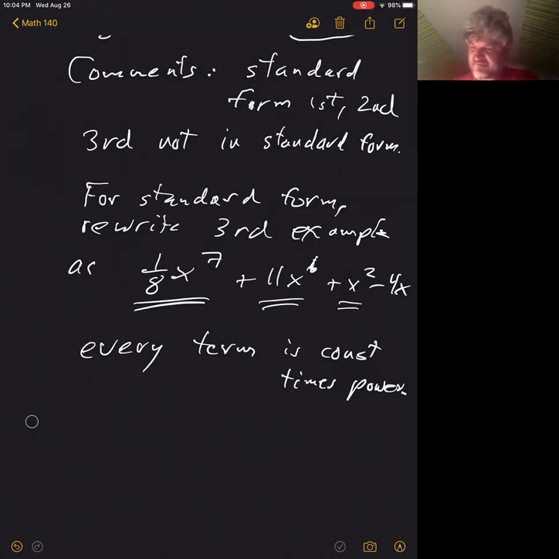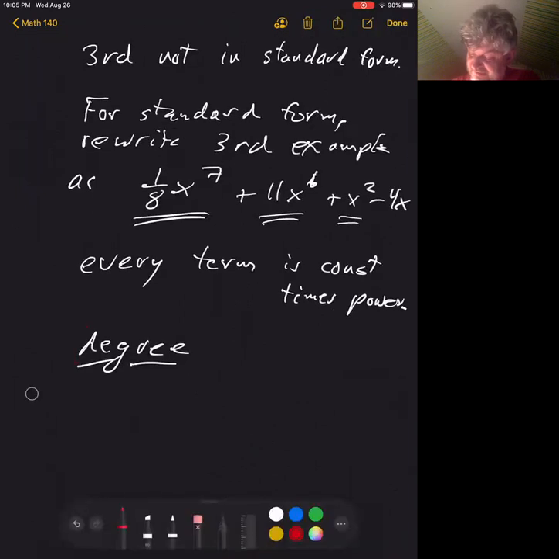All right, so two terms about polynomials are the degree of that polynomial. Give it a nice box. The degree is the highest power of x in that polynomial. To be specific, the highest exponent.